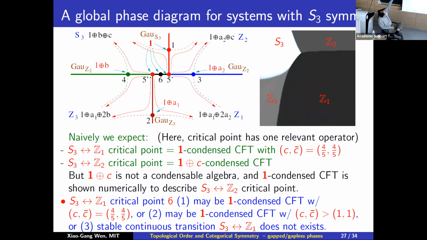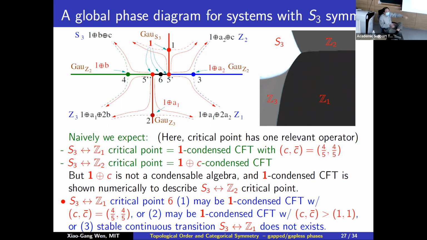Second thing, let's see, some familiar one. Select a Z2 to Z1 transition. That's the ordinary Z2 symmetry breaking transition. So this transition is described by this condensable algebra, A1 plus A2. It turns out that when you have S3 gauge theory and you condense A1 and A2, you break S3 gauge theory into Z2 gauge theory.